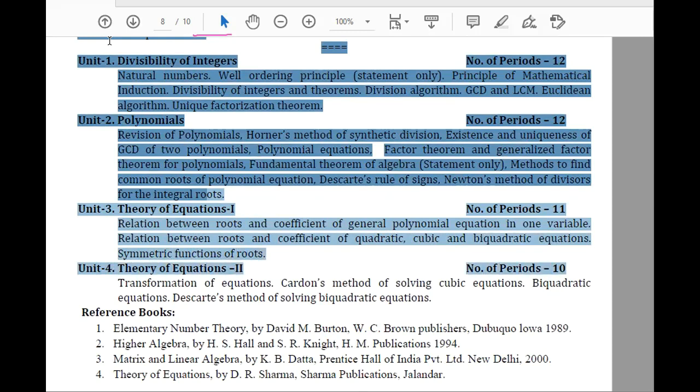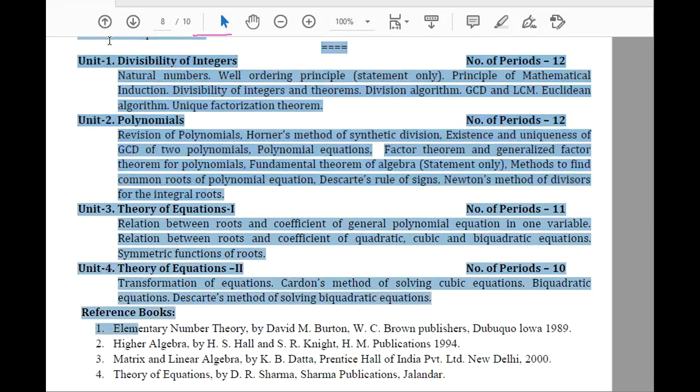Chapter 4, theory of equations, part 2: transformations of equations, Cardan's method of solving cubic equations, biquadratic equations, Descartes' method of solving biquadratic equations.